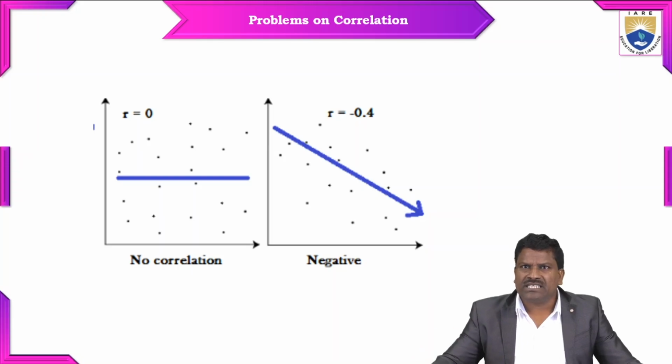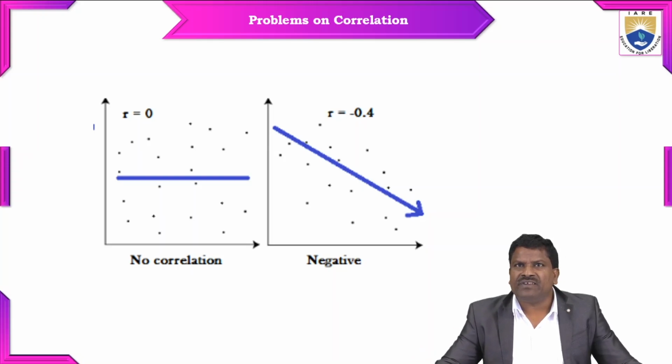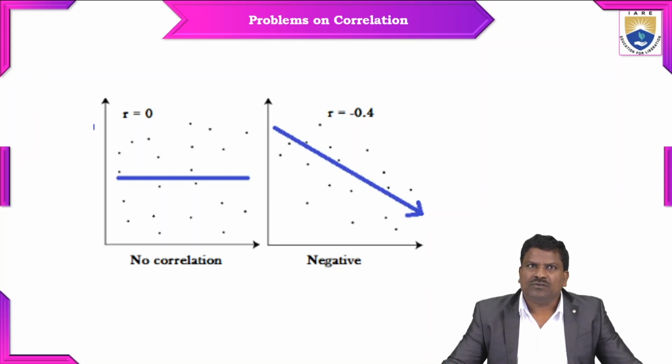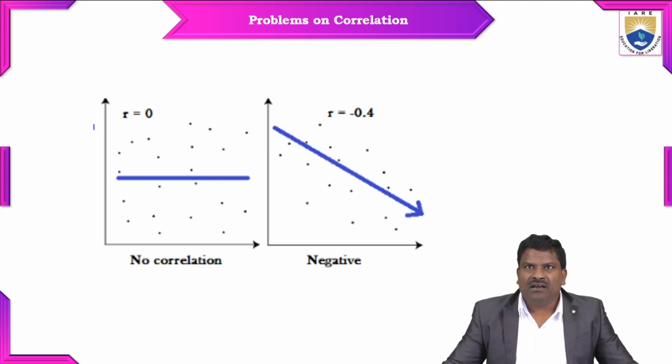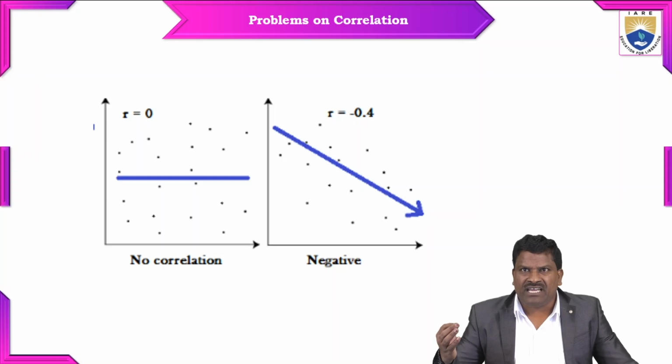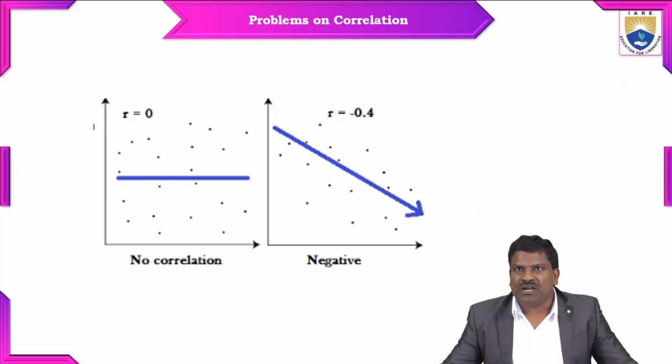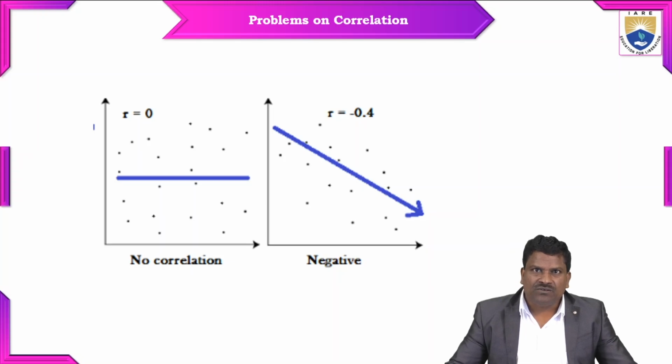Now come to the next one. The graph is coming from up to down. It is negative. A negative relation is there. Here the R value is -0.4. Very rarely 1 or 2 points touch that line of regression. Other points will be far away from the line of regression. It is a completely negative relation.